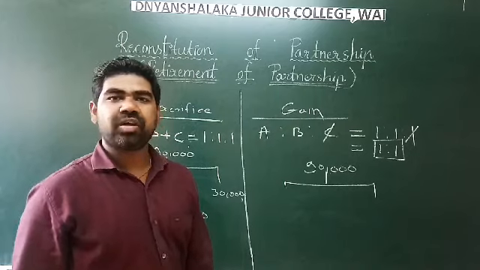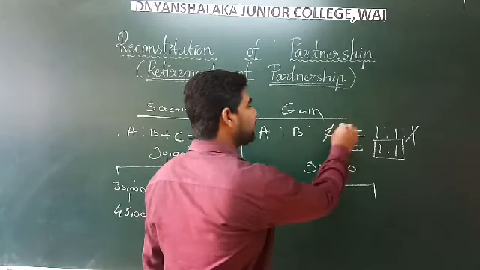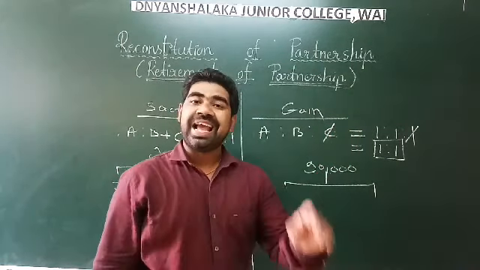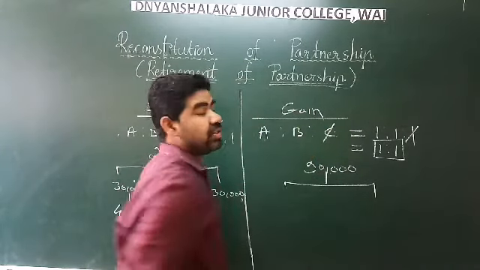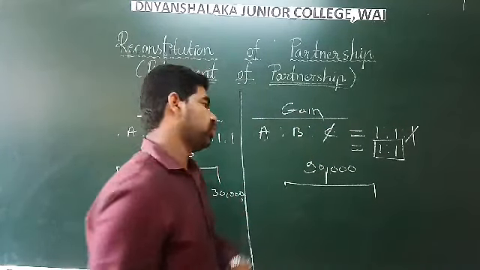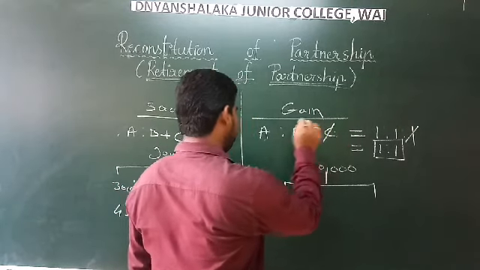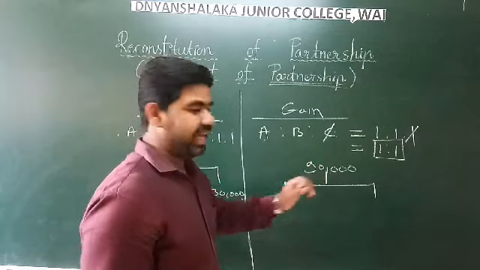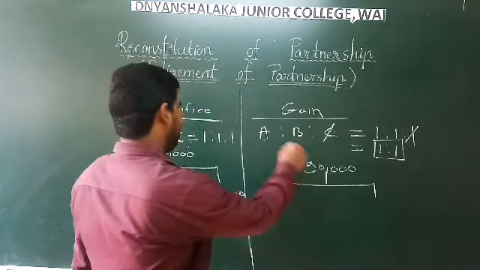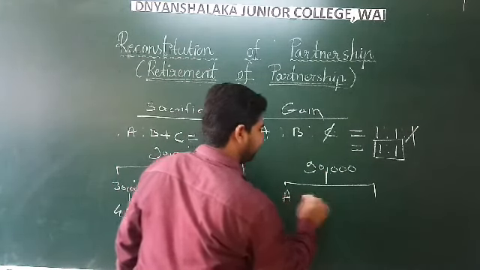Understand what happens in the case of retirement? The partner who retires from the business is known as the retiring partner, and the partner who continues with the business is known as the continuing partner. So C is your retiring partner, A and B are your continuing partners. So now this 90,000 we have to distribute between A and B.